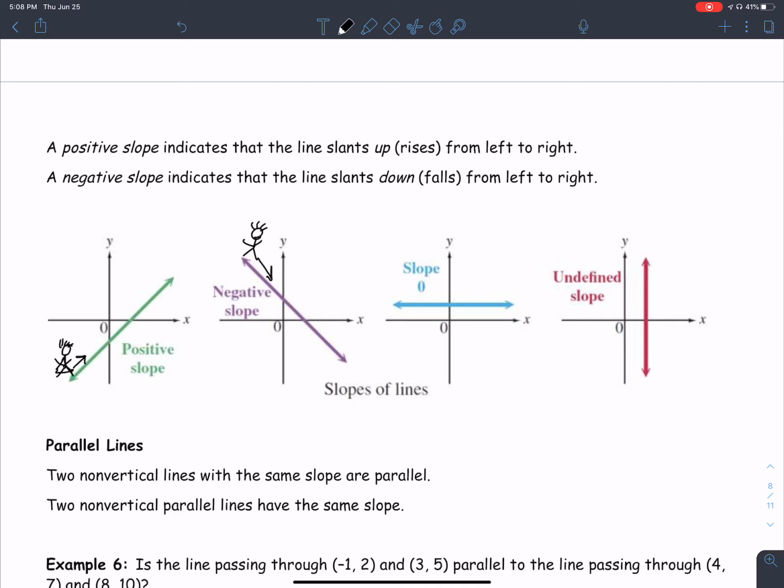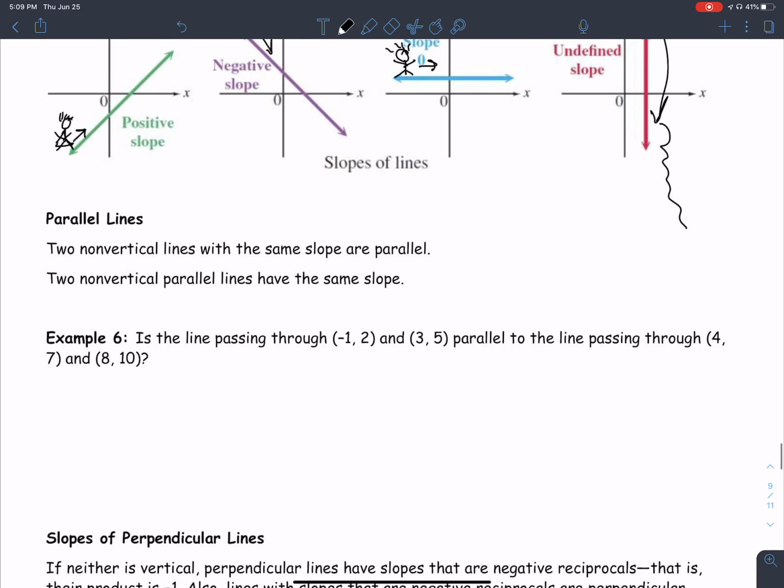Okay, so positive, negative. Now, my person walks straight. Okay, so 0 slope. If my person tries to walk, they die. Undefined. They go into the undefined. Ooh. Okay, so that's how I remember those. So positive, negative, 0, undefined.